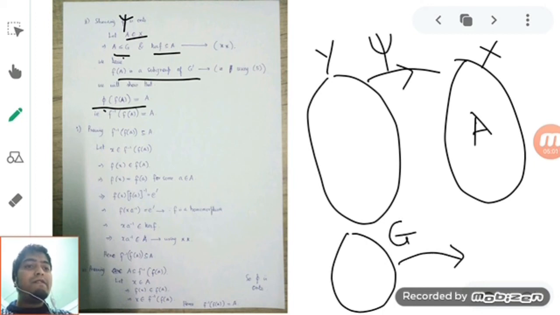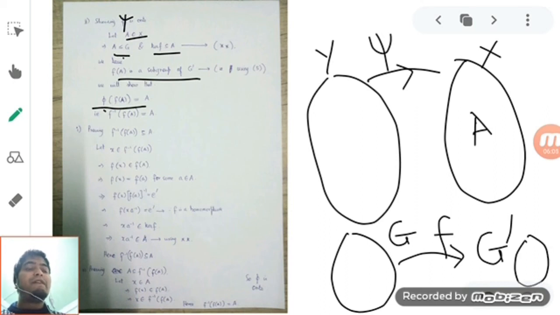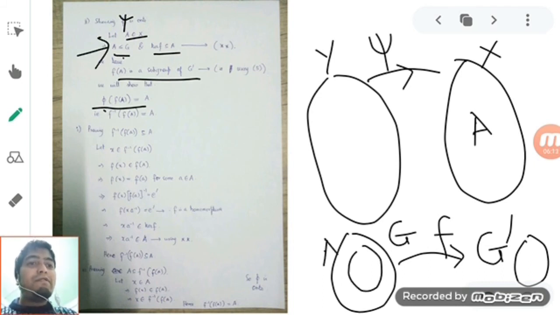From G to G dash, you have the function f. A will be a subgroup of G from this line, so A will be here. So what are we doing? We are taking F(A) here. The image of A will be in the second set, that is in G dash.